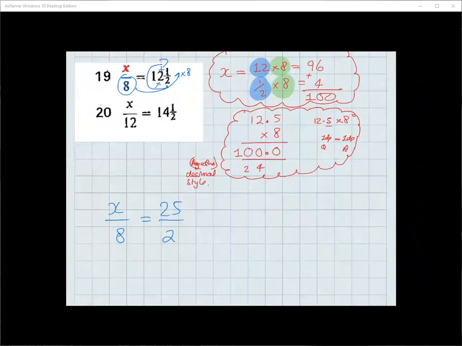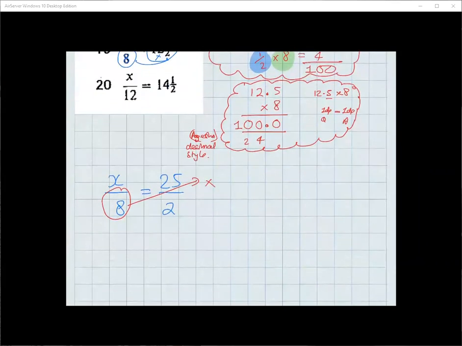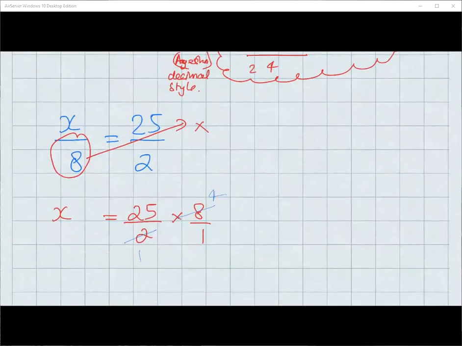And then I moved the 8 to the other side, which then became 25 over 2 times by 8, which then was, 2 times 1 is 2, then 2 times 4 is 8, 25 times 4 is 100, so x would be equal to 100.